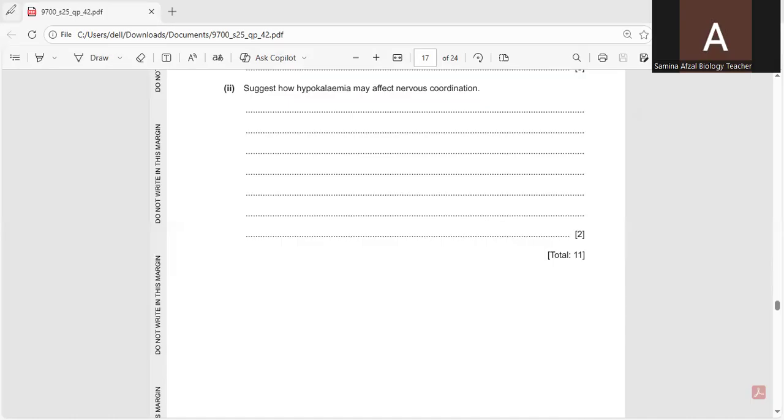Lower external potassium increases the concentration gradient, causing more potassium ions to leak out of the cell. This results in the following changes to nervous coordination.